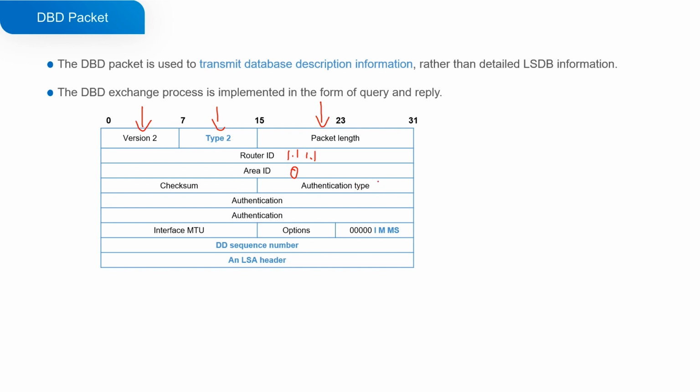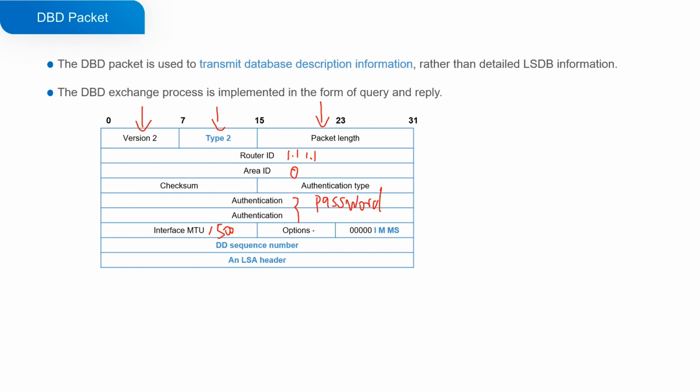Next is the authentication type, which is the same as the hello packet, maybe clear text, maybe MD5. Next is the authentication to set the password. Then the interface MTU, for example, the default MTU value is 1500.